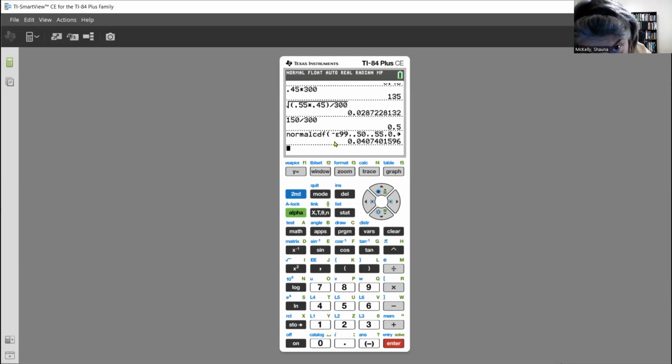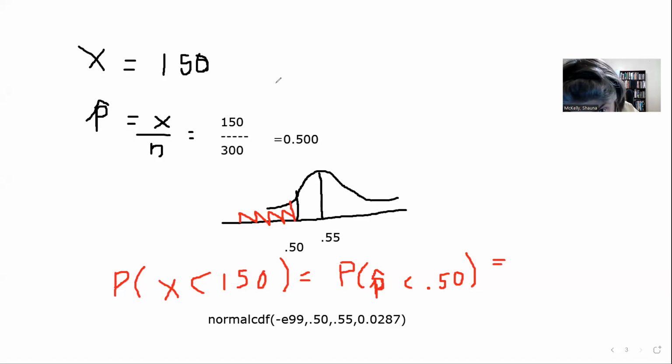So here we end up with 0.0407. And remember, if you're turning this into a percent, you can multiply by 100, but she has moved the decimal point over 2 places to the right.